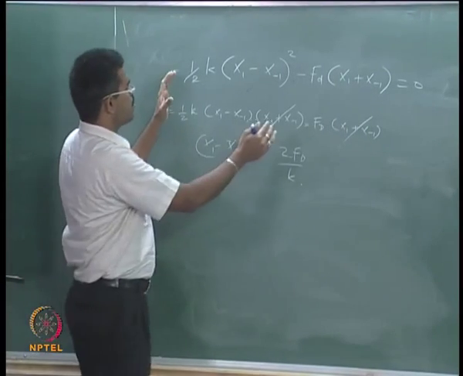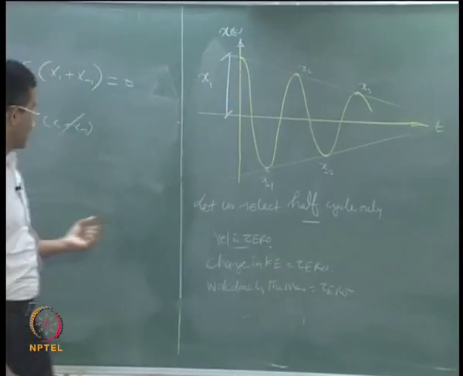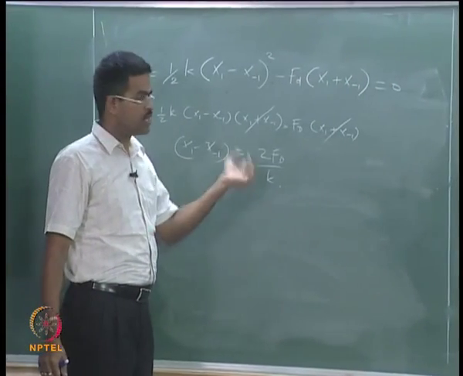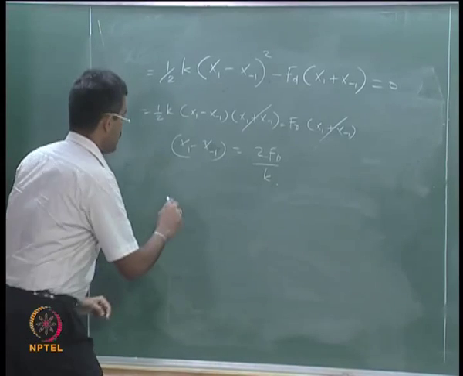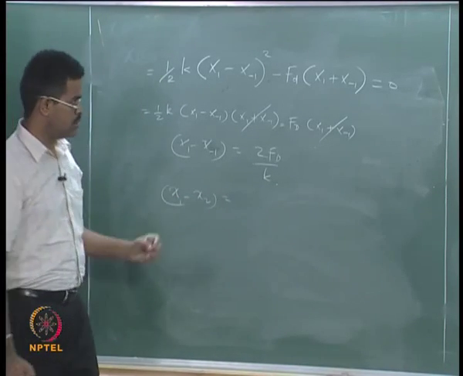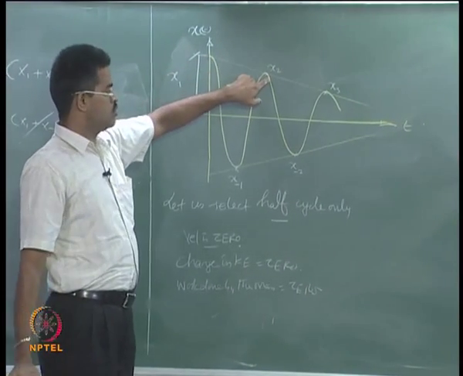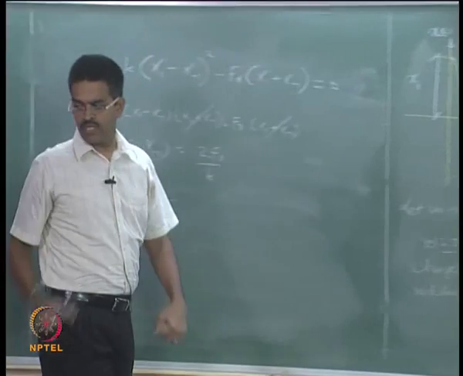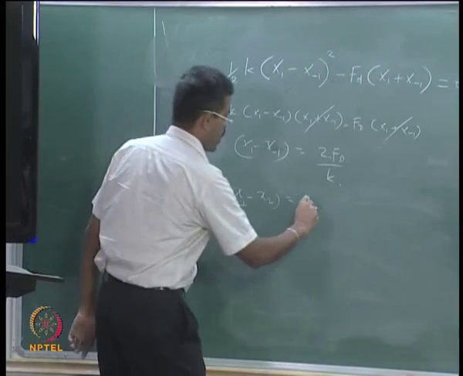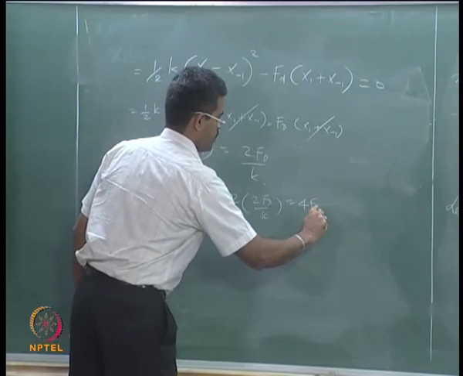If you apply the same algorithm back from x minus 1 to x2, you will again get the same relationship. You can try. On the other hand, x1 to x2, that is the response decay from positive x1 to positive x2, the successive peak, is twice of 2 Fd by k, which is 4 Fd by k.